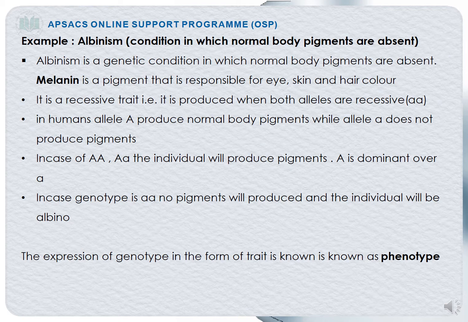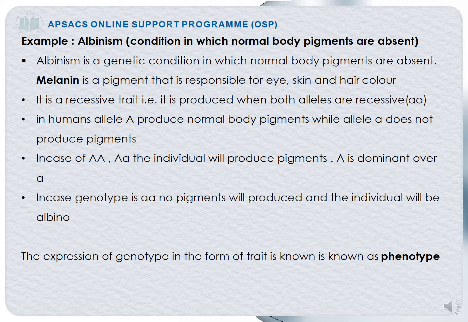In that condition, the person is totally, completely white. His or her hair, skin, eye color, etc. do not have any color. Albinism is basically a recessive trait and it is produced when both alleles are in recessive condition.